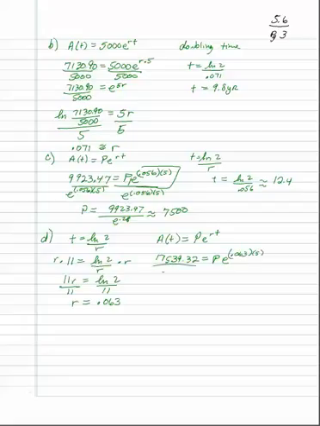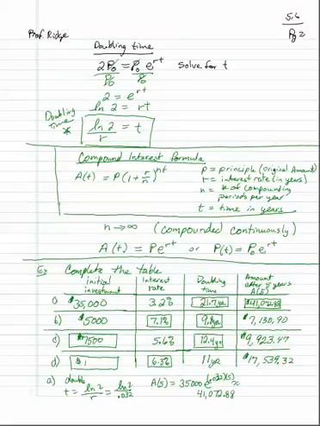So just like we did before, we're going to divide by that e to the 0.063 times 5. So P equals, and then you just punch that in your calculator, 12,800. 12,800. All right.